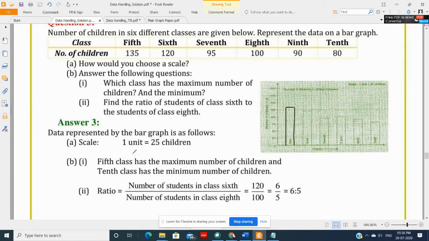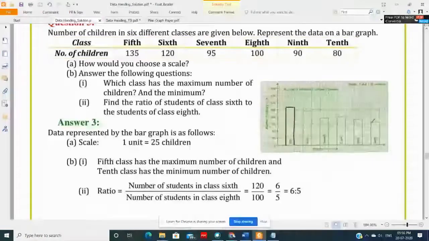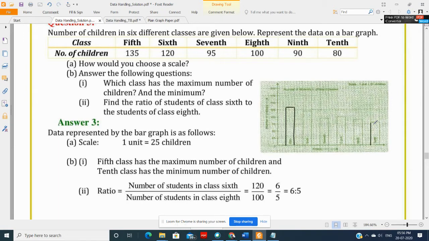So this has the maximum number of children, and minimum, we can see that last one, that is 5th, 6th, 7th, 8th, 9th, 10th. 10th class has the minimum number of students, and that's why we can see that this bar is of less height than other bars.